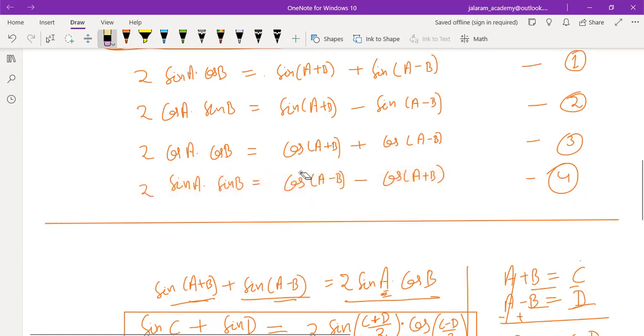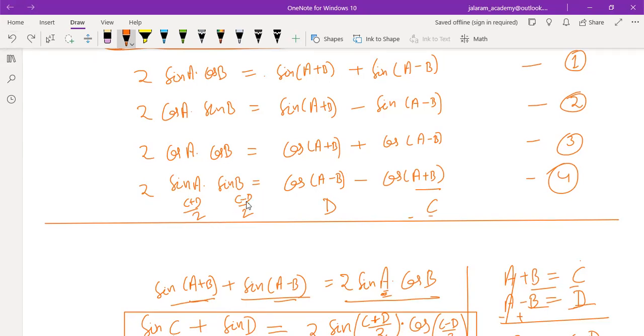So we write it as C. We have already assumed A plus B as C, so it will be cos C. This will be D. A we know is (C plus D) upon 2, and this is (C minus D) upon 2. So to change it to cos C minus cos D, as it is providing us cos D minus cos C, we will write this minus on the other side, meaning with minus 2 sin (C plus D) by 2 into sin (C minus D).